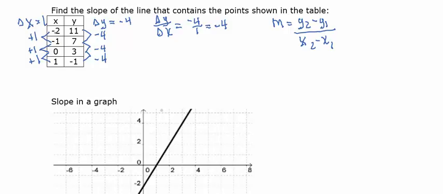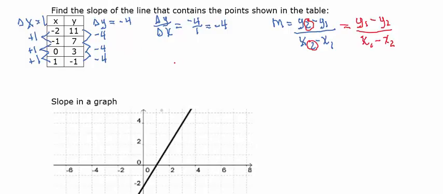So I started with -2 in the x, I started with 11 in the y. So we have to do the same thing. These 2's up here being on top of each other is important. It's also equivalent to y1 minus y2. It doesn't matter which order we subtract them in, but if I start with y1, I have to start with x1.